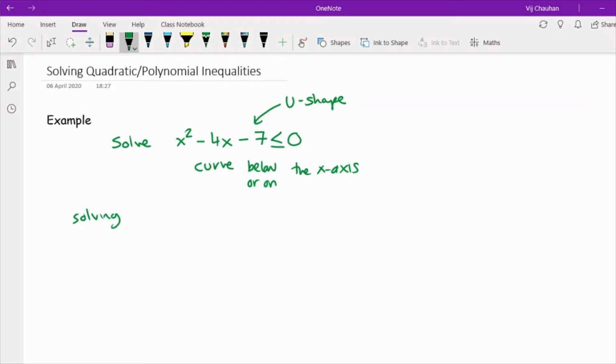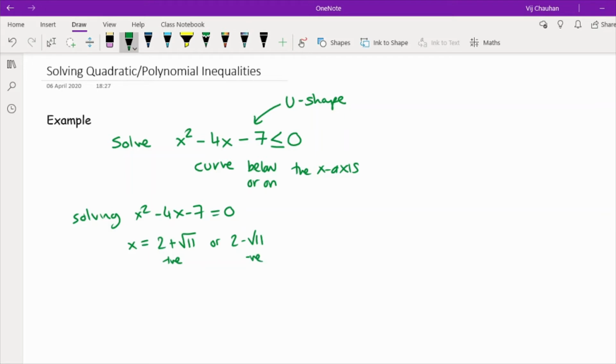Solving x squared minus 4x minus 7 equals 0, I get x equals 2 plus root 11 and 2 minus root 11. One of these is my positive value, and this is my negative value.